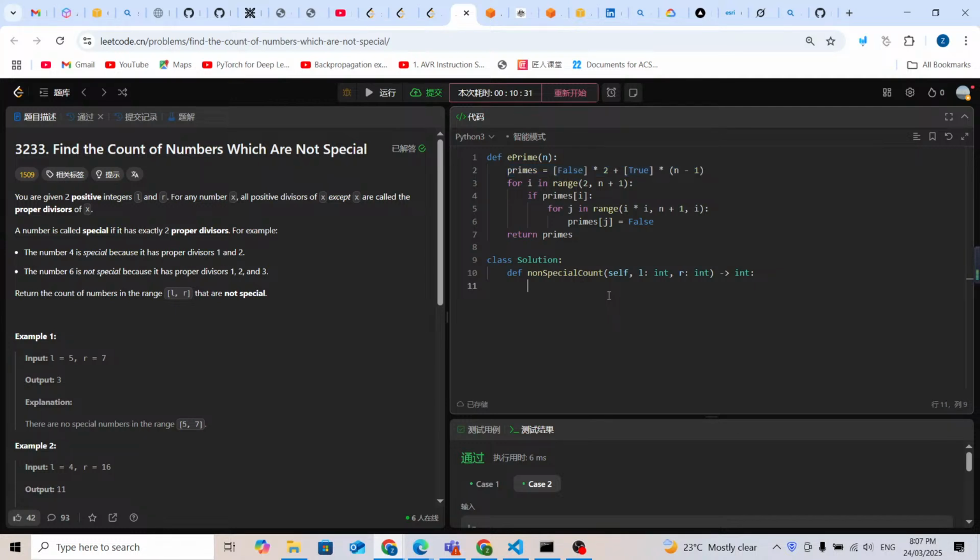Now we just need to check all the possible cases of prime numbers. Let's use a loop with i and a Boolean value b, for i, b in enumerate of primes. So what is the primes?